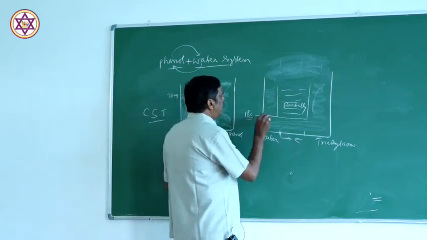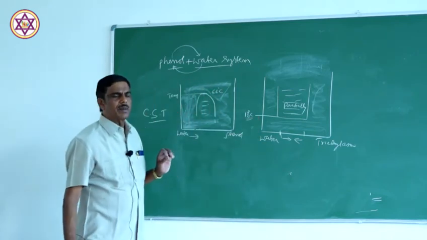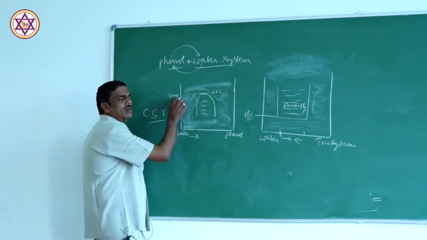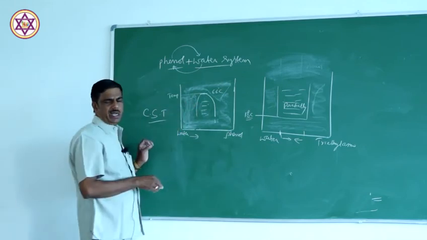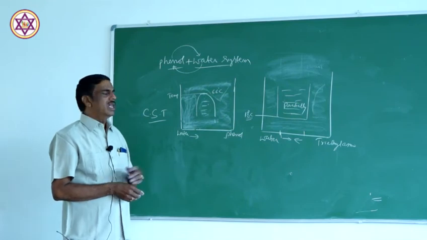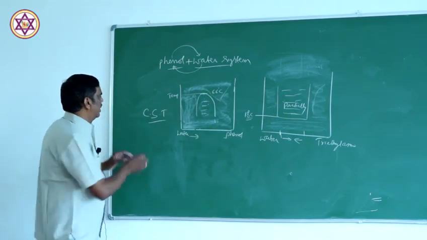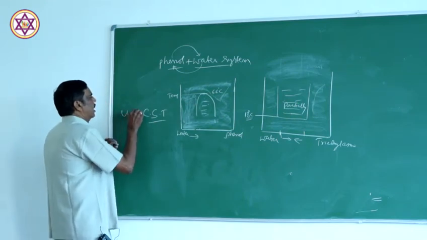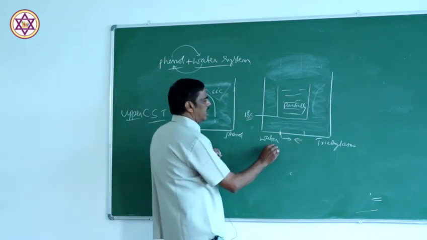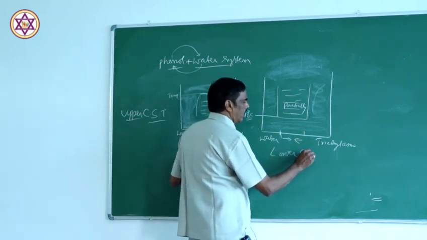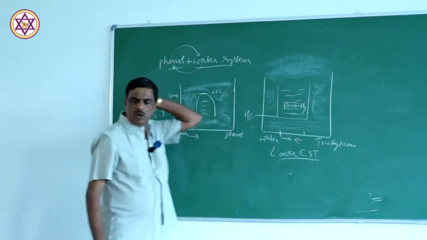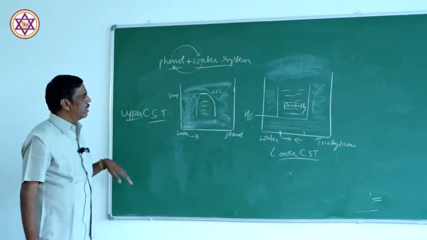Therefore, this 18 degrees is the critical solution temperature. Here the critical solution temperature is above the standard condition. This is called upper CST, upper critical solution temperature. This is lower CST, lower than the atmospheric temperature.